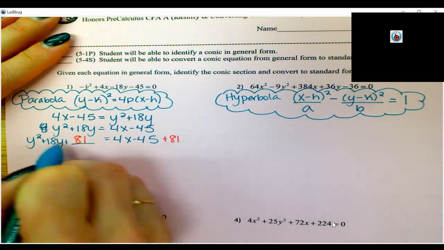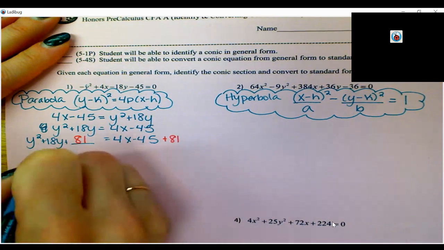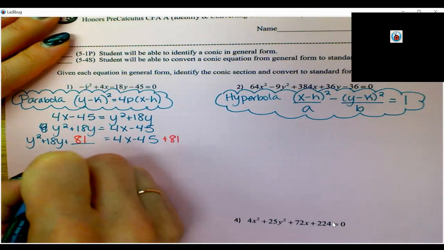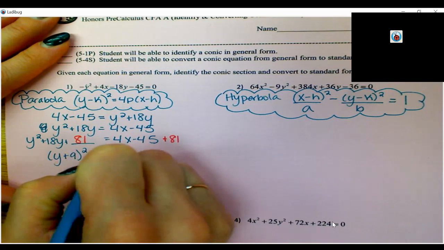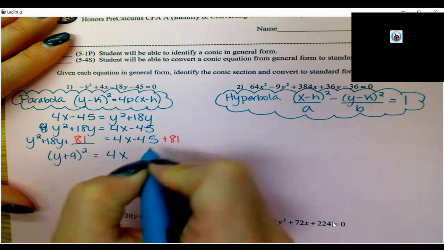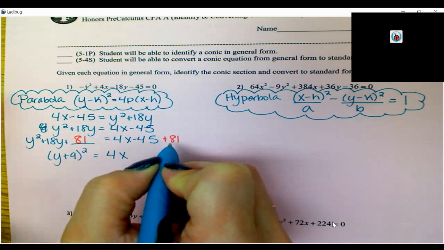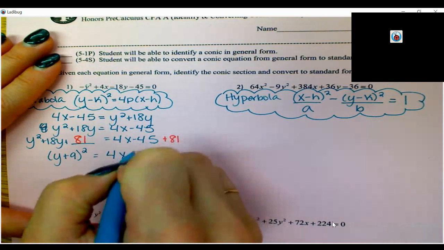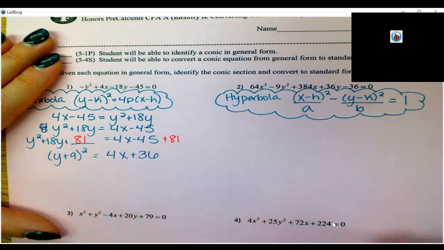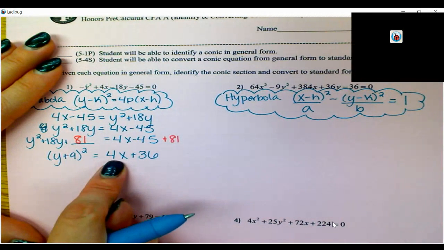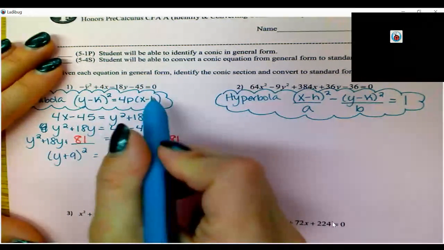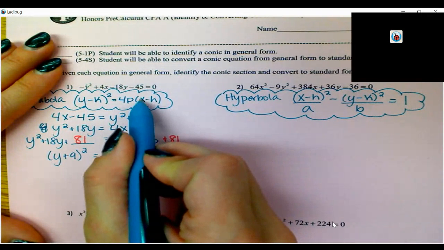Then I factor this. So y squared plus 18y plus 81 factors to be y plus 9 squared. And I can set that equal then to 4x. Negative 45 plus 81 gives me positive 36. And so the last thing I have to do, if you notice up here, your x does not have a coefficient in front.